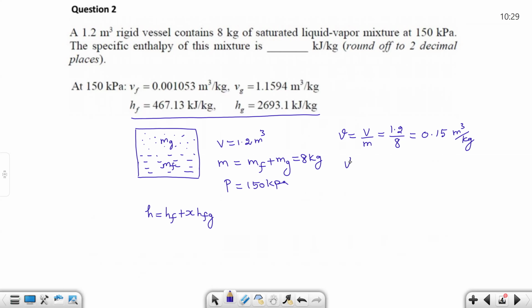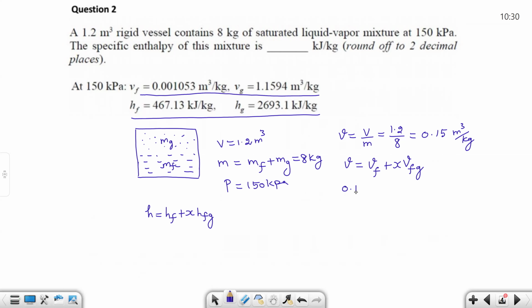We know that specific volume is equal to vf plus x into vfg. At 150 kPa, you are given vf and vg, so we can use that.